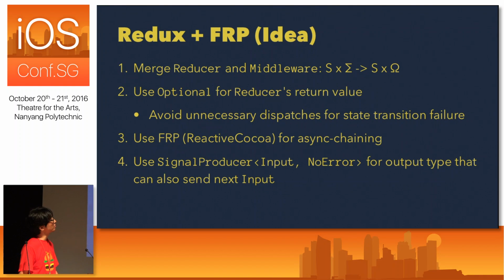Also, state transition might fail sometimes, so we return an optional here, so we can avoid unnecessary method dispatches. Next, we use FRP for asynchrony, and for this talk, I will use ReactiveCocoa. Lastly, for the output of the Mealy machine, we will use the signal producer to express the side effects.